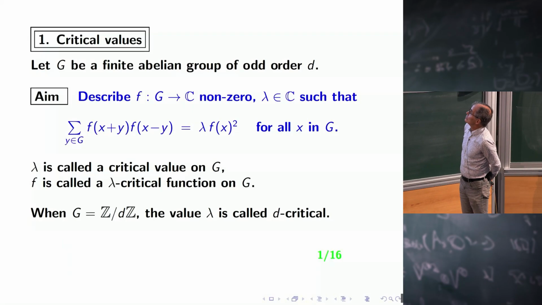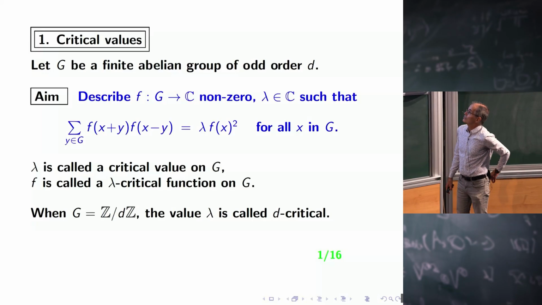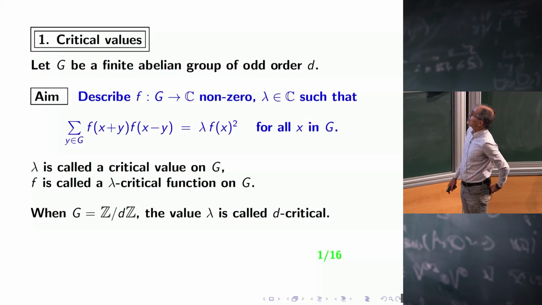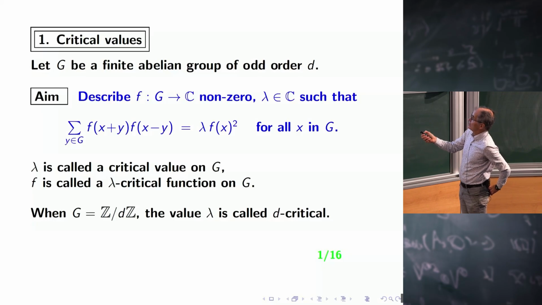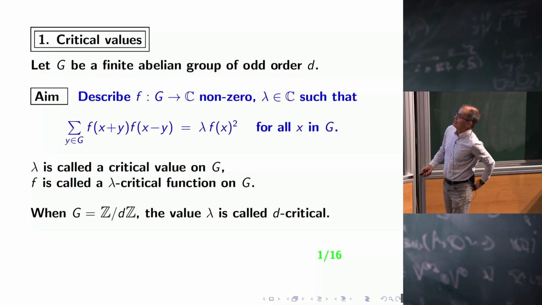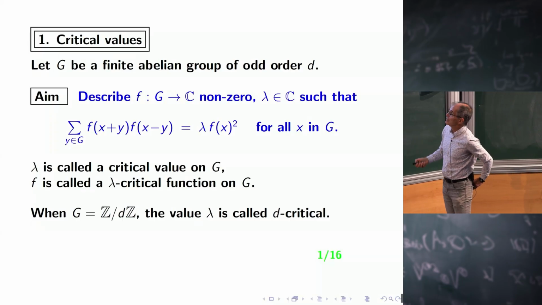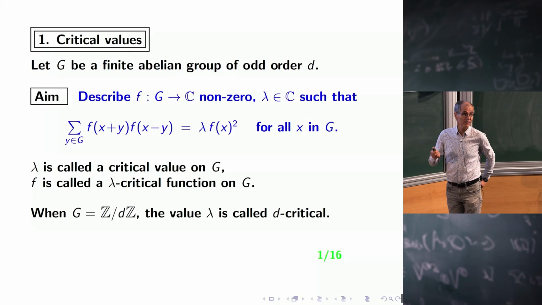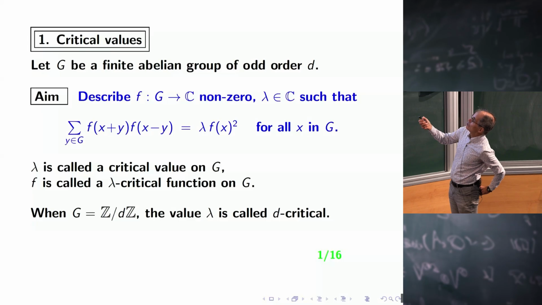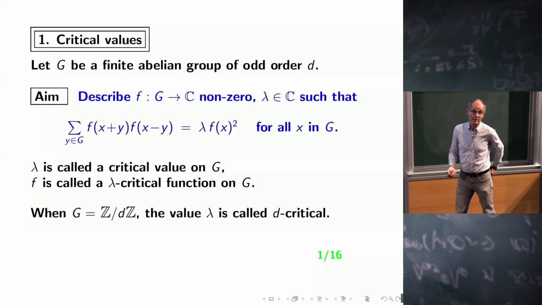And I want to understand the functions on this group for which a square here is proportional to the convolution square. Here you see this sum for y in G of f of x plus y, f of x minus y, which by a small change of variable is just the convolution of f with itself at the point 2x. So I'm writing that f convolved with f at 2x is proportional to f of x squared.